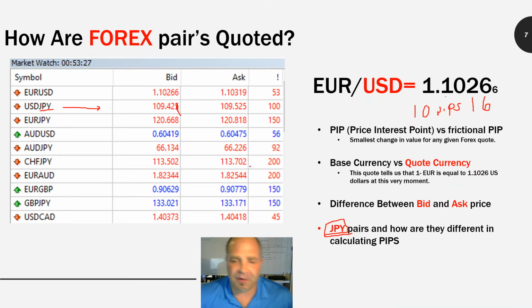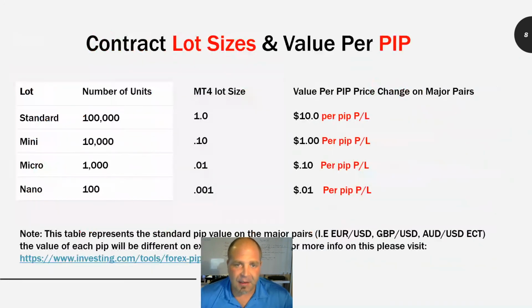That is how you calculate pips. I'll show you guys later on the charts how we are going to look at those on a chart. But this is how a pair is quoted, how we calculate pips. I know I moved pretty fast, but you can always come back to this and figure it out later.